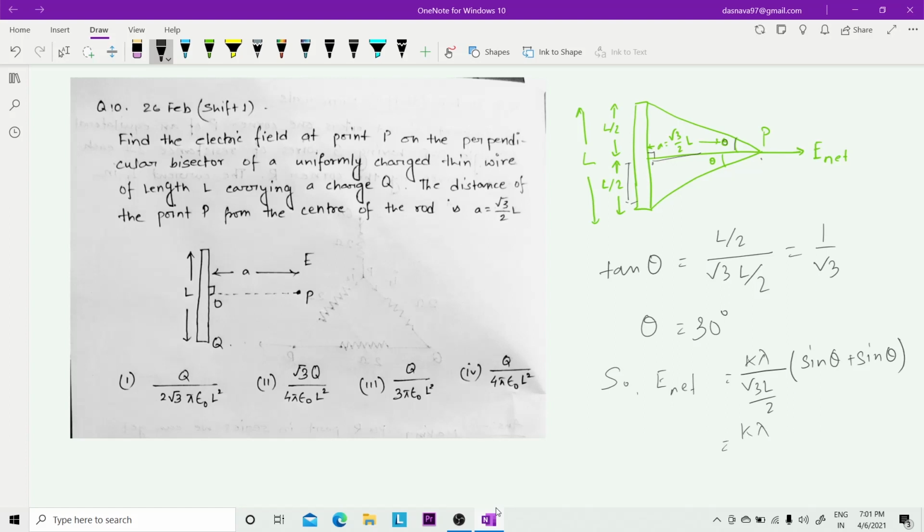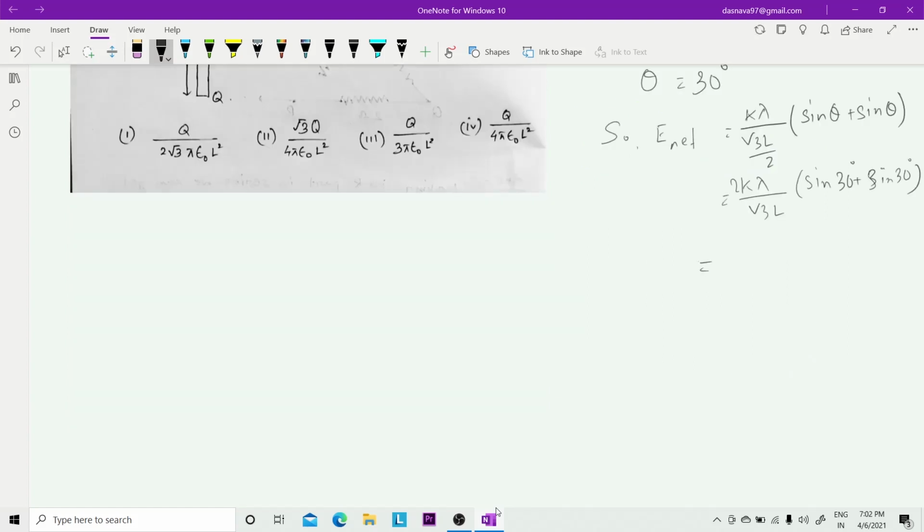That is 2k lambda by root 3 L into (sine 30 degree plus sine 30 degree), which equals 2k q by root 3 L square. Now sine 30 equals half, plus half. What is lambda? Lambda is the linear charge density, and we can write it as q by capital L. Now half plus half equals 1.